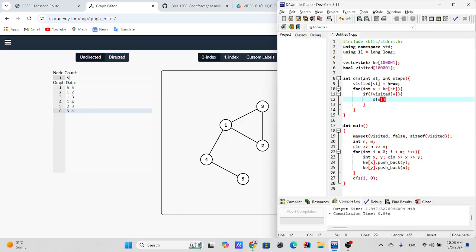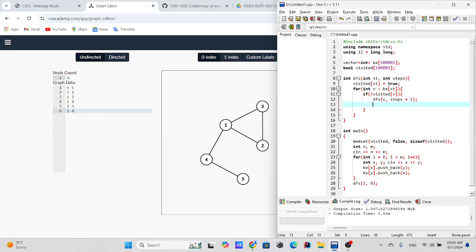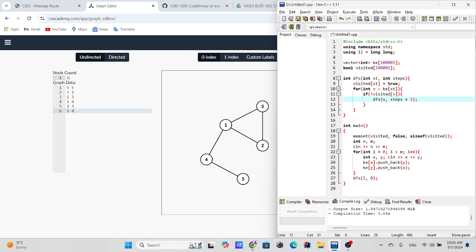DFS it, obviously. V and steps plus one, and yeah, that must be it.